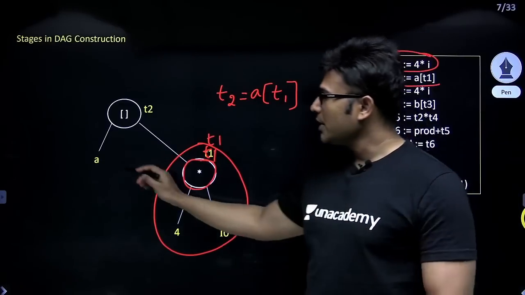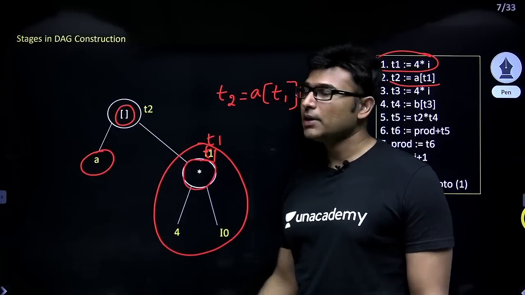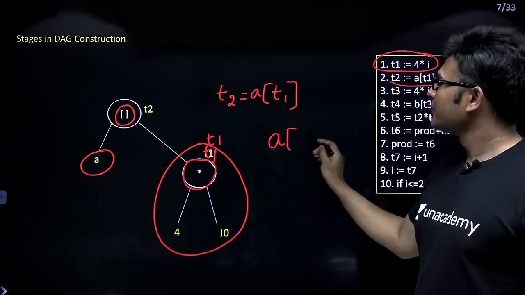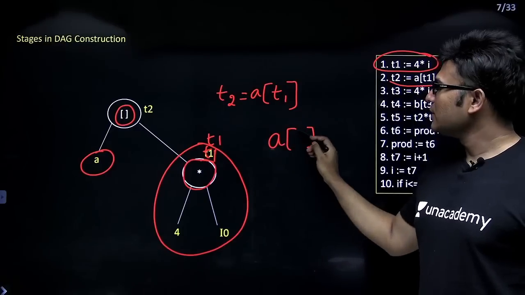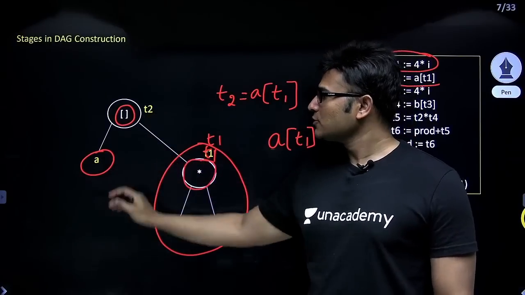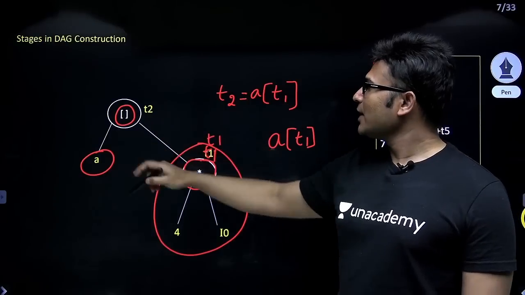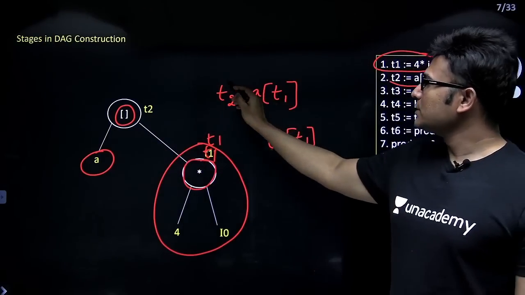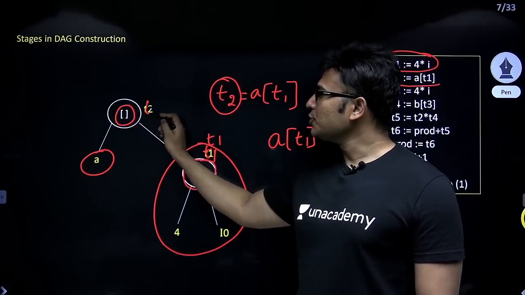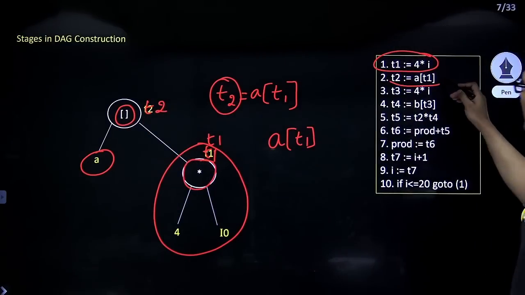Now I am taking A and applying the subscript symbol, and to the subscript symbol the value passed is T1. Therefore, T1 subscript A, so A of T1. Got it? This value is nothing but T2, so T2 is the tag for this node. That is about statement number 2.